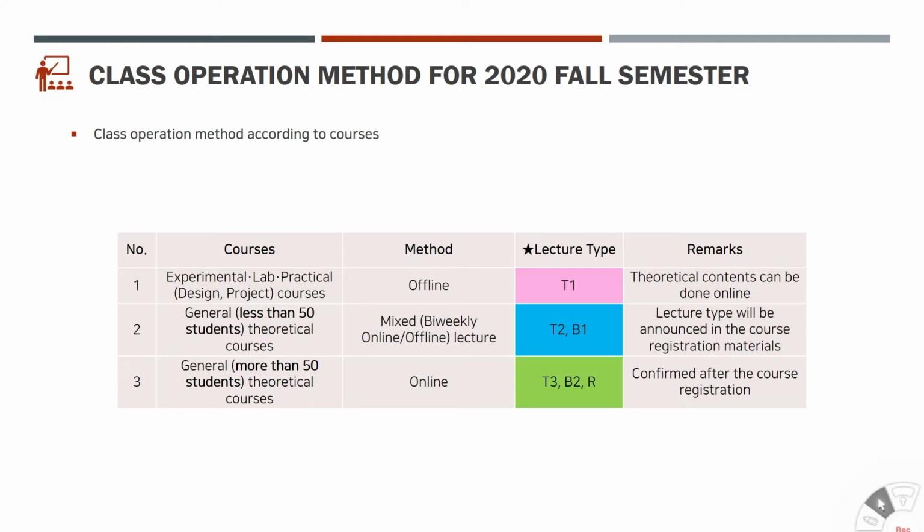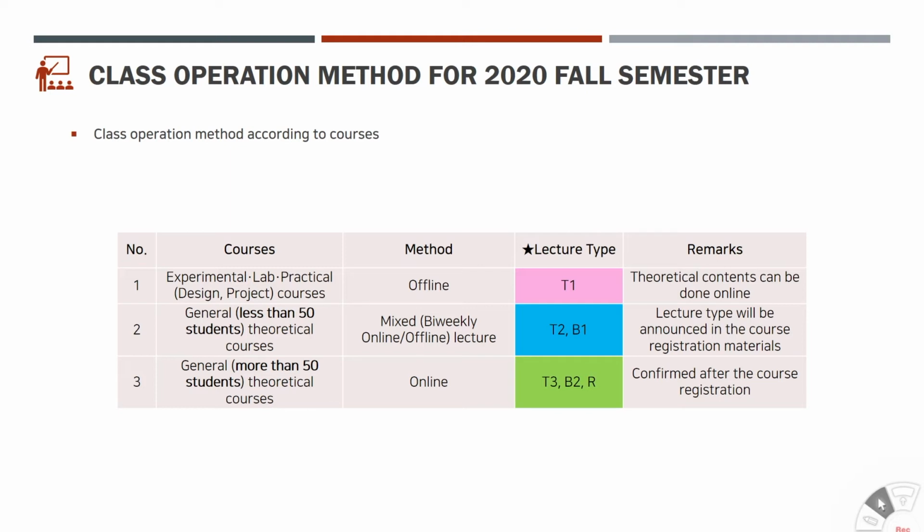And the lecture type is T1. I'll go into details about the naming of the lecture type in the next slide. But theoretical contents can also be done online. The second one is general theoretical courses with less than 50 students, and the class is operated in a mixed method.